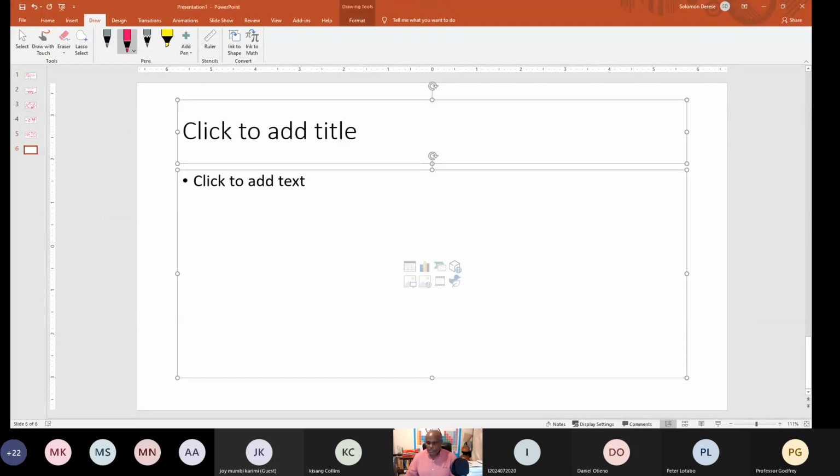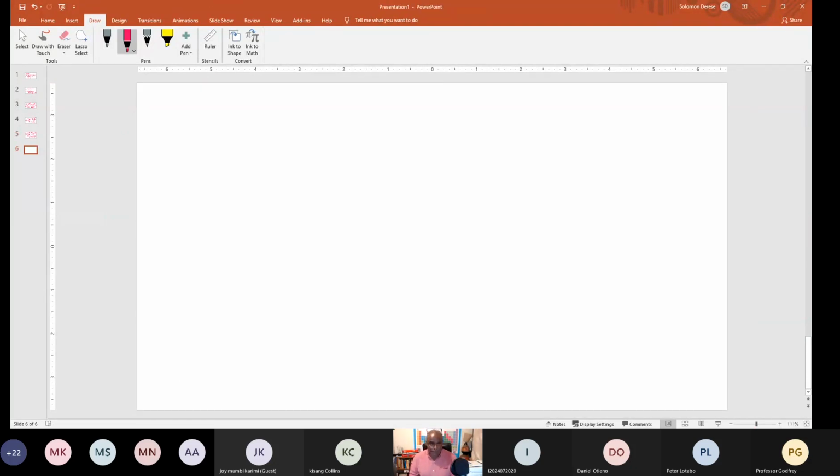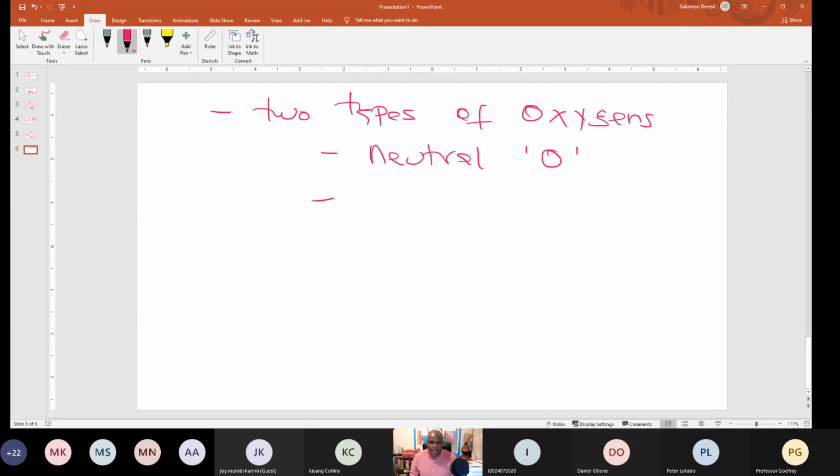And then we are noting what we are observing: two types of oxygen, neutral oxygen and negatively charged oxygen.